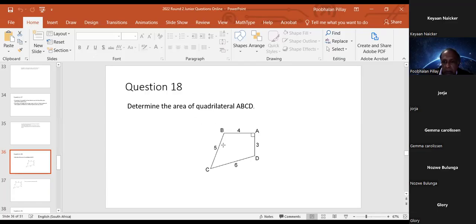What you can do is you can split this quadrilateral into two triangles by connecting one of the diagonals. And I've deliberately chosen this diagonal here because I know how to find the area of a right angle triangle.